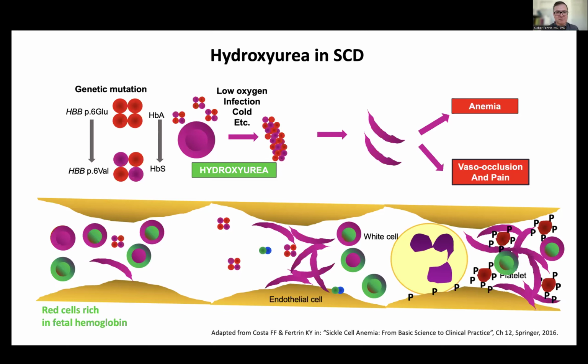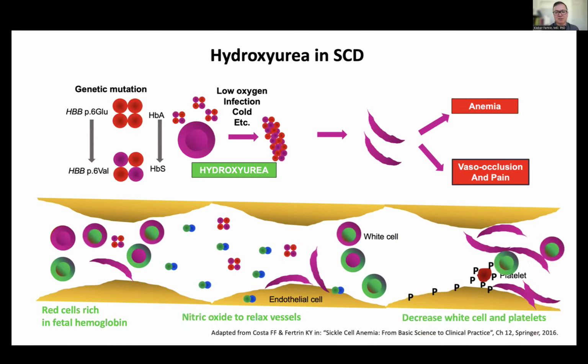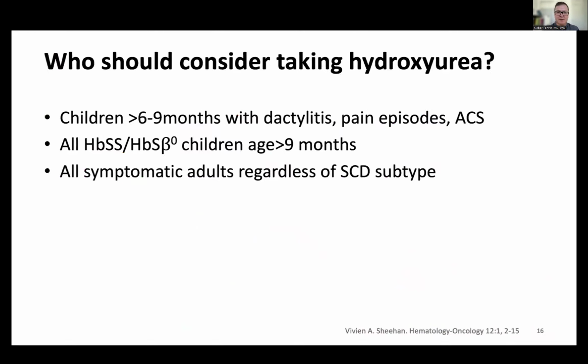That's only one of the effects of hydroxyurea. Hydroxyurea can also donate some nitric oxide that helps relax the vessels, the nitric oxide that they lost with the hemoglobin being released from the red cells that get damaged. And finally, it can also decrease the amount of white cells and platelets. So it also has a good effect on decreasing vaso-occlusion and therefore pain crisis.